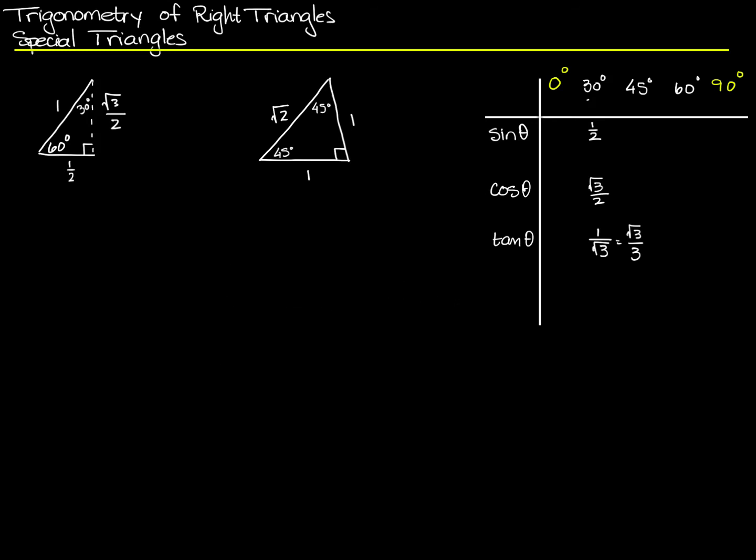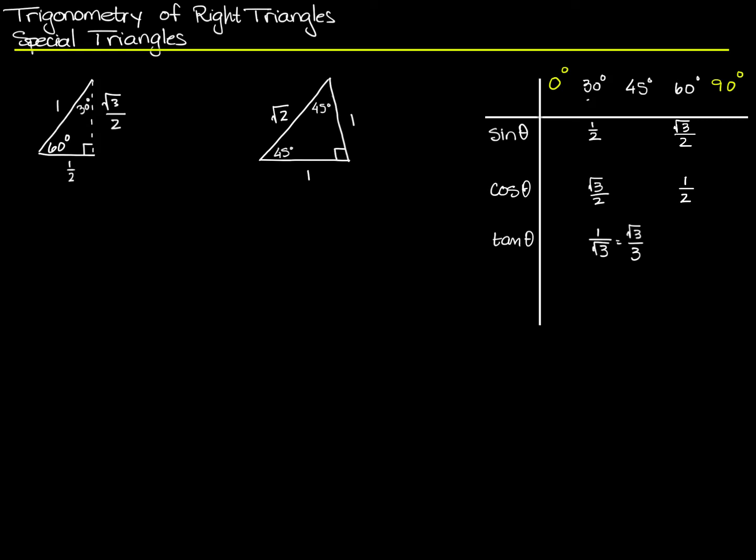All right, now using the same triangle, I'm going to find the sine, cosine, and tangent of the 60-degree angle. Well, opposite of 60 degrees is the square root of 3 over 2. Hypotenuse is 1. So the sine of 60 degrees is the square root of 3 over 2. The cosine is adjacent over hypotenuse, 1/2 over 1, so that's a half.